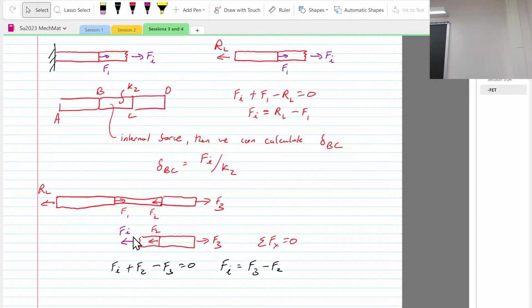So if I know that the internal force is R1, then I can also think about what the force here is. This internal force is R1, and these are in parallel.